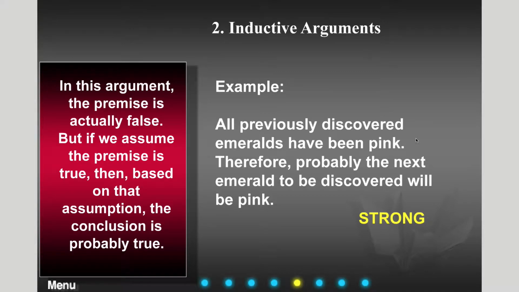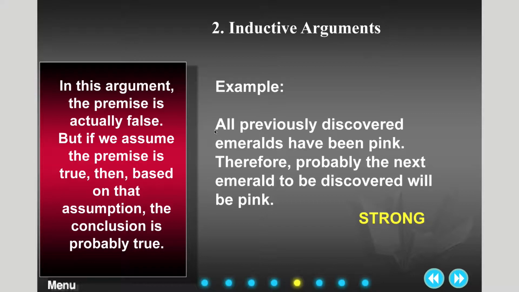All previously discovered emeralds have been pink. Therefore, again, we're not asking about the truth of this. We're only at step one, whether it is a strong or weak inductive argument. Next, we'll get to see whether it's cogent or non-cogent, just as we asked with deductive arguments, whether it was valid or invalid before we even got to asking, are the premises actually true?